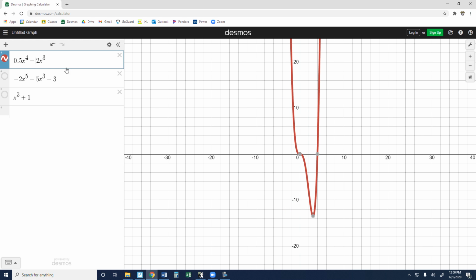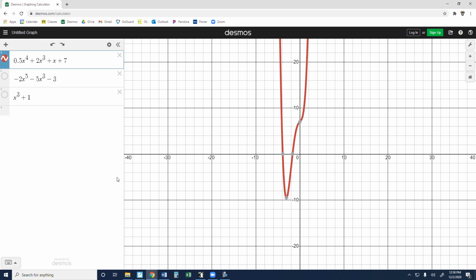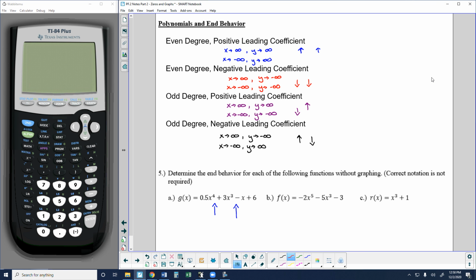So notice I'm messing with a lot of stuff. Nothing in the end behavior will change. It's going up to the left and it's going up to the right, regardless of what I change with the rest of the function. So the only thing we're focused on for end behavior is the leading coefficient and the degree of the function. Let's go ahead and take a look at another one.